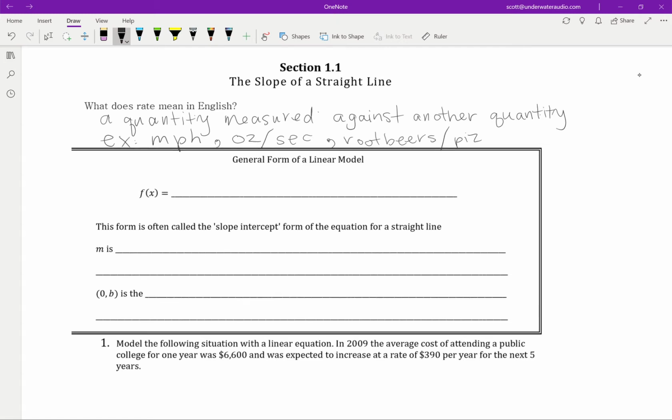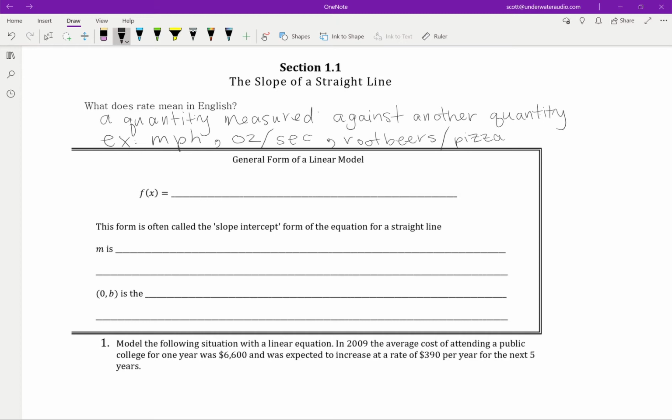So this would be how many root beers you drink per pizza that you eat. So it's just comparing how two things flow together. And this will keep coming back up with lines. And so let's dive into that.